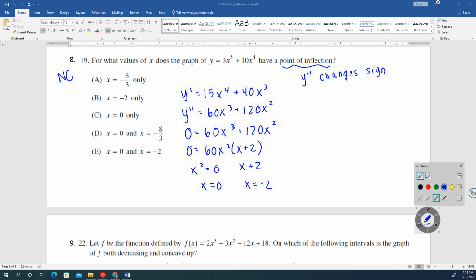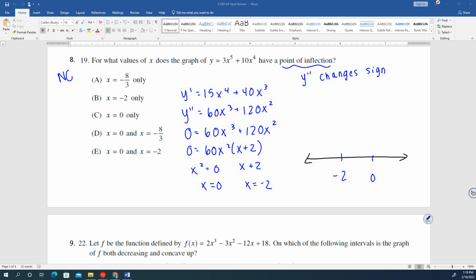Okay. So I'm looking for where the second derivative changes sign, and I do not have a calculator. So remember what I showed you to do is to look at the factored form of the second derivative.